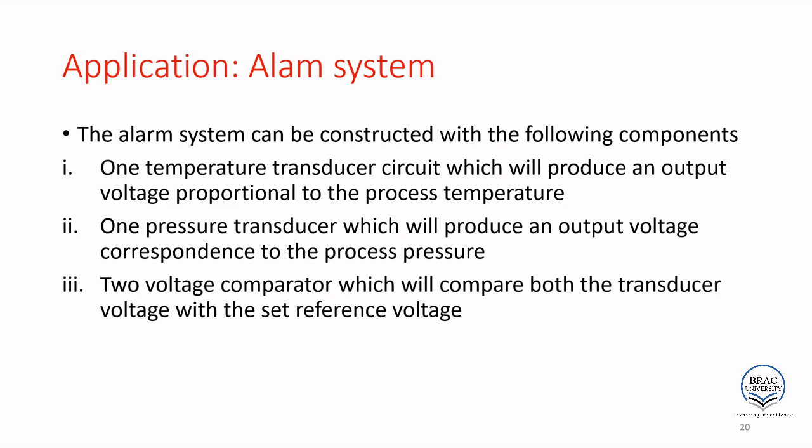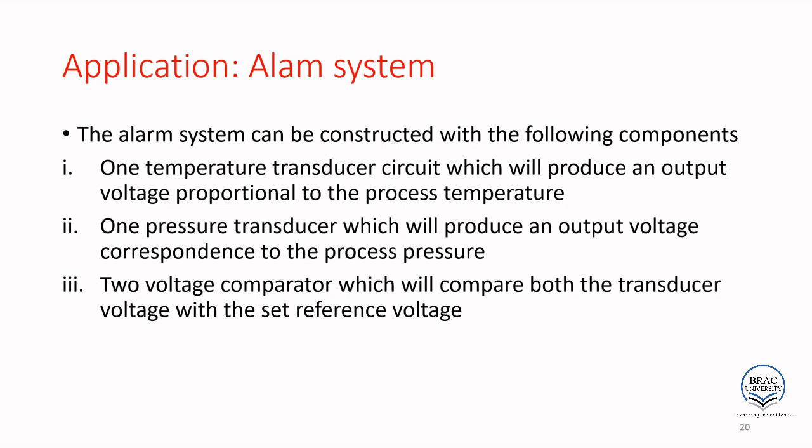The alarm system has one temperature transducer circuit which will produce an output voltage proportional to process temperature, one pressure transducer which will produce an output voltage corresponding to process pressure, and two voltage comparators which will compare each transducer voltage with the set reference value.